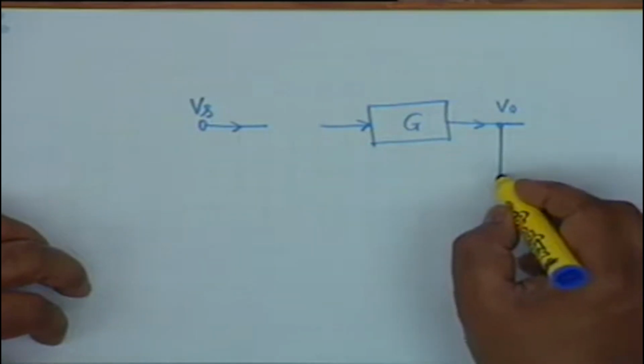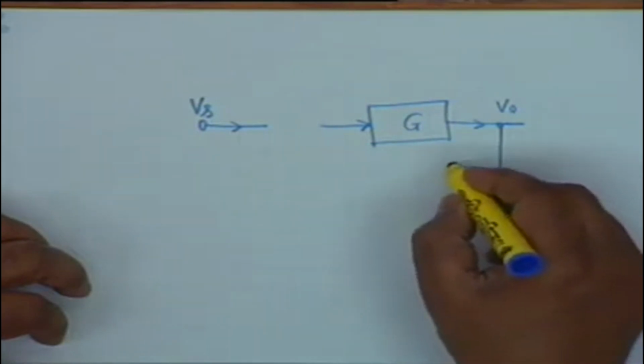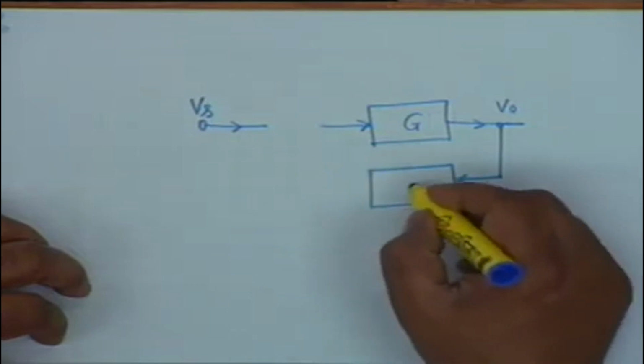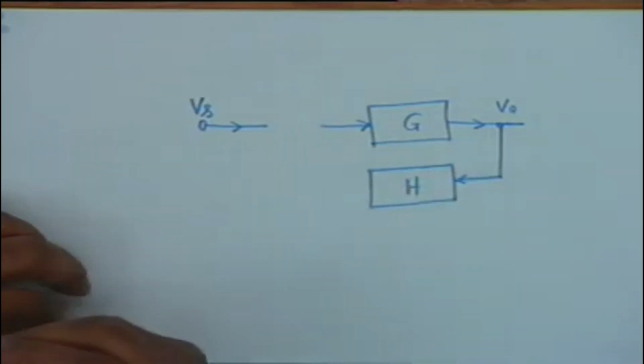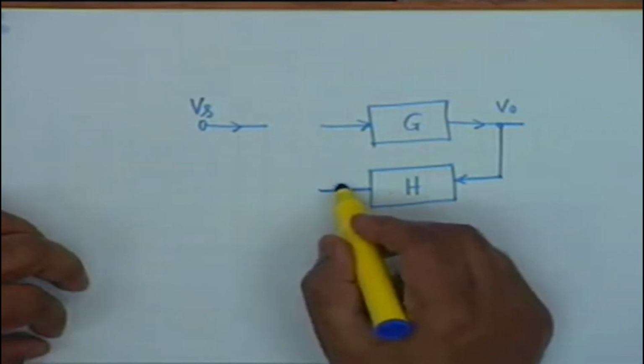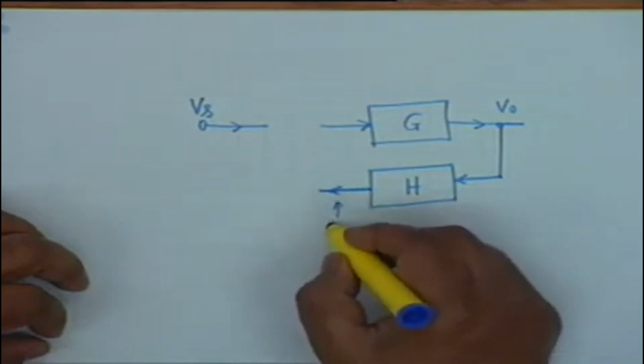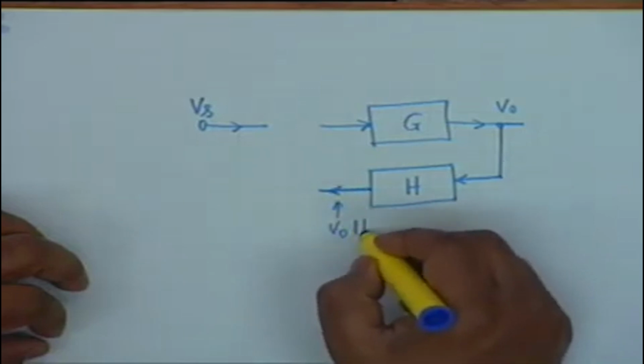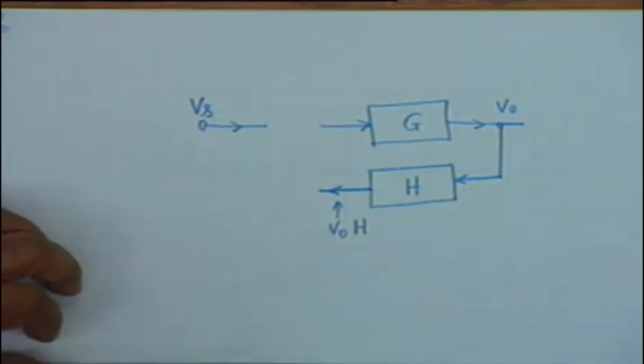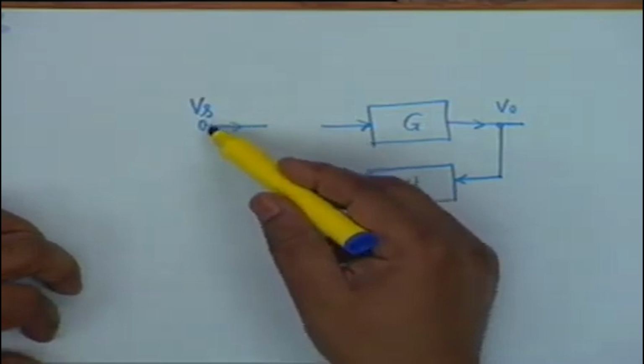A part of the output is fed to another circuit which we call the H circuit or the feedback circuit, and this output, which is obviously V0 times H, is used to influence the input.